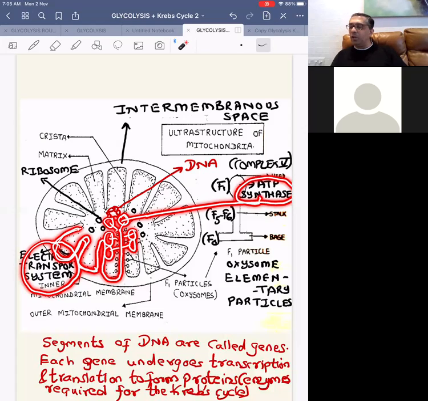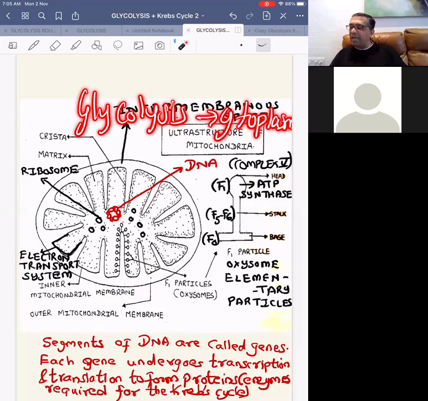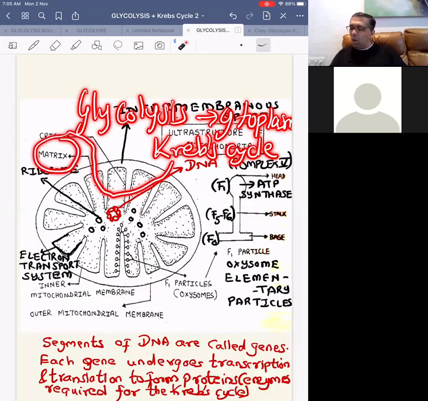So once again, golden words. Where does glycolysis take place? Glycolysis takes place in the cytoplasm. Where does Krebs cycle take place? Krebs cycle takes place inside the matrix of the mitochondria. Where does electron transport system ETS take place?